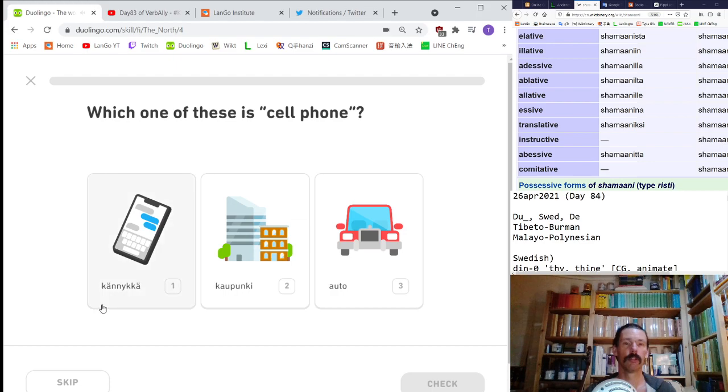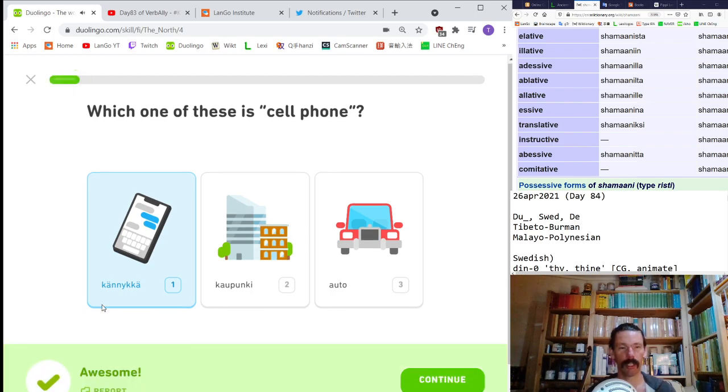Let's round it out. Cell phone. Auto. Kaupunki. Is it eng or n for the K? Kaupunki. It's eng. Kännykkä. I like the two long consonants there. Kännykkä.